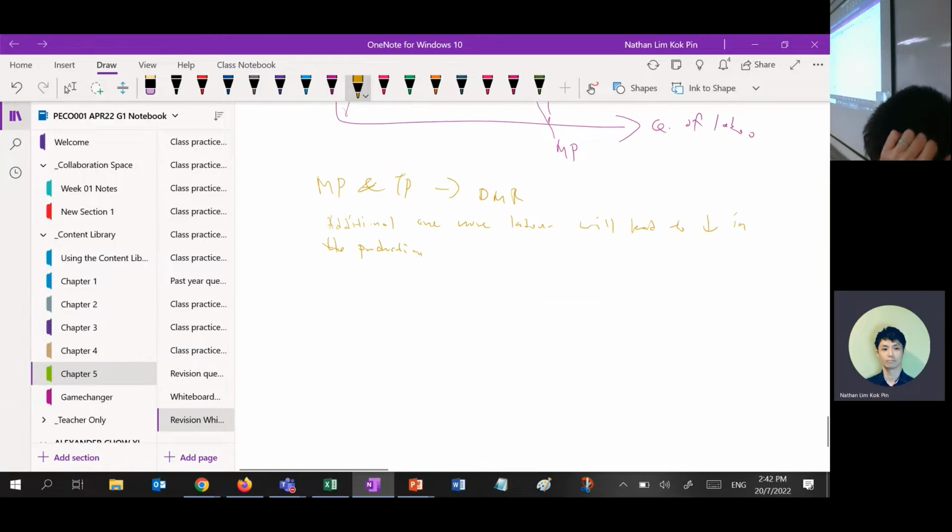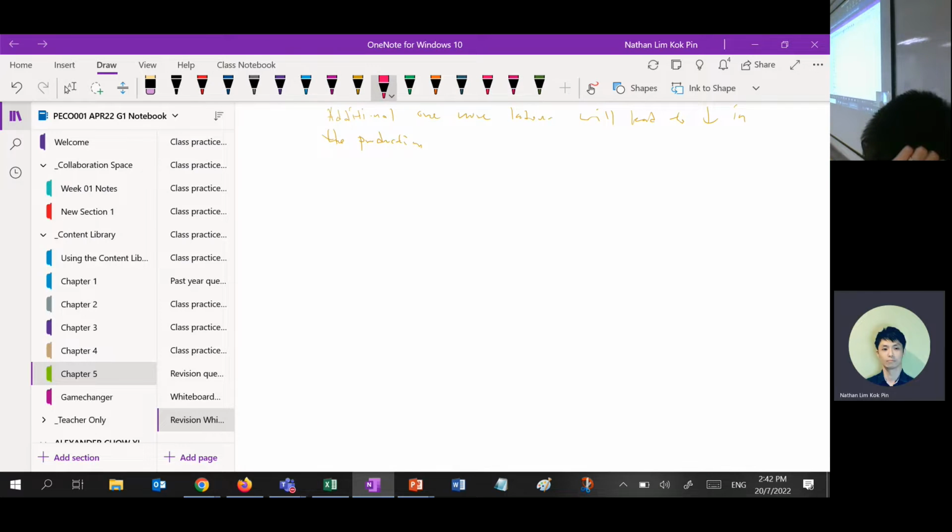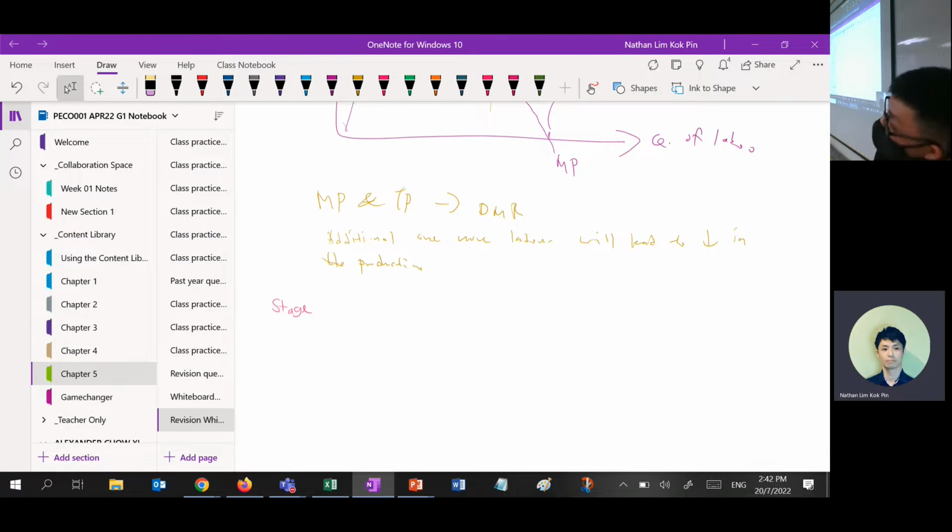If they ask you to draw stages of production, you have to label stage 1, stage 2, and stage 3. There are two things they will ask: one is diminishing marginal returns, another is stages of production. For diminishing marginal returns, you only need to draw 2 curves. Stages of production need 3 curves. Stage 1 is underemployment of resources.